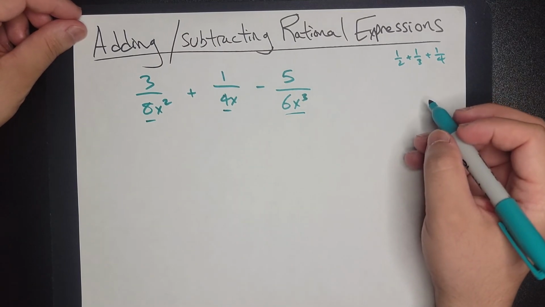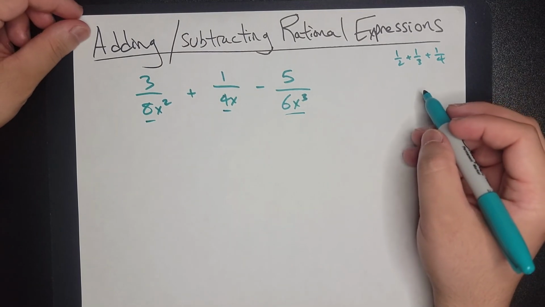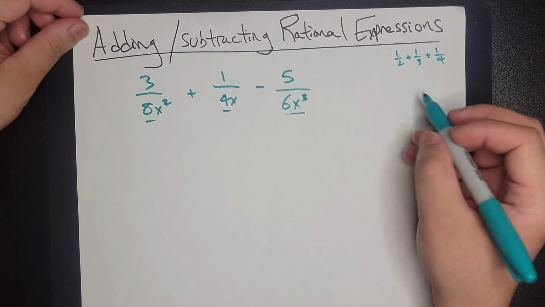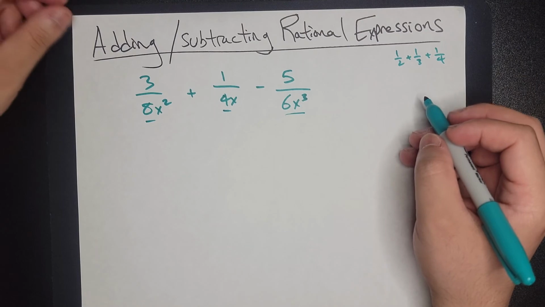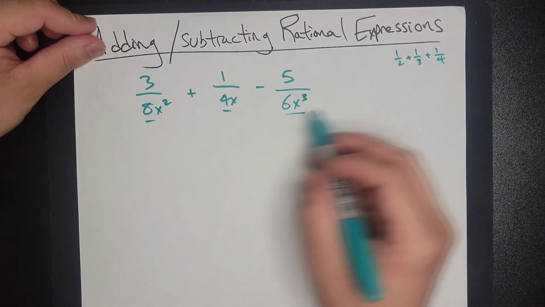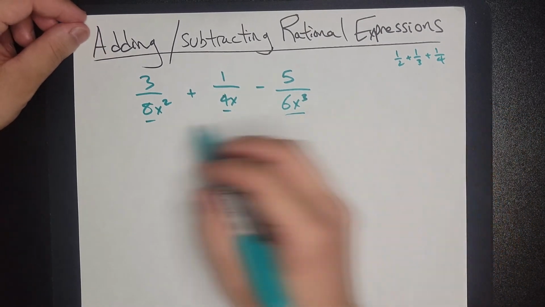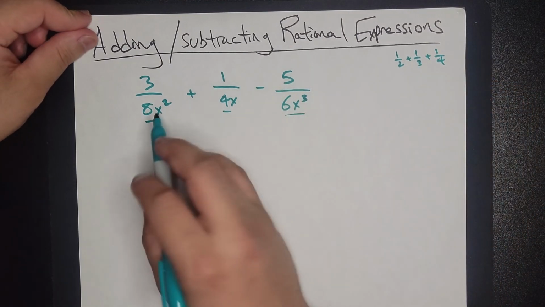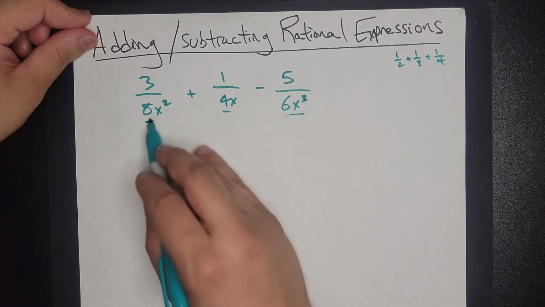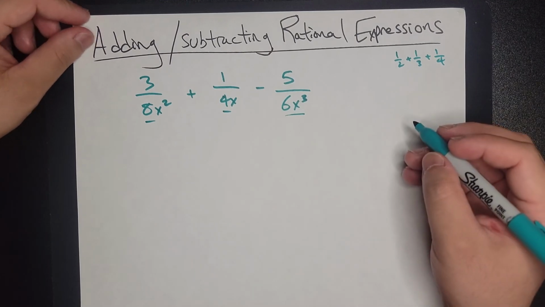We have numbers in front of each, a real value between each one. So let's try to find a common multiple of these three values.